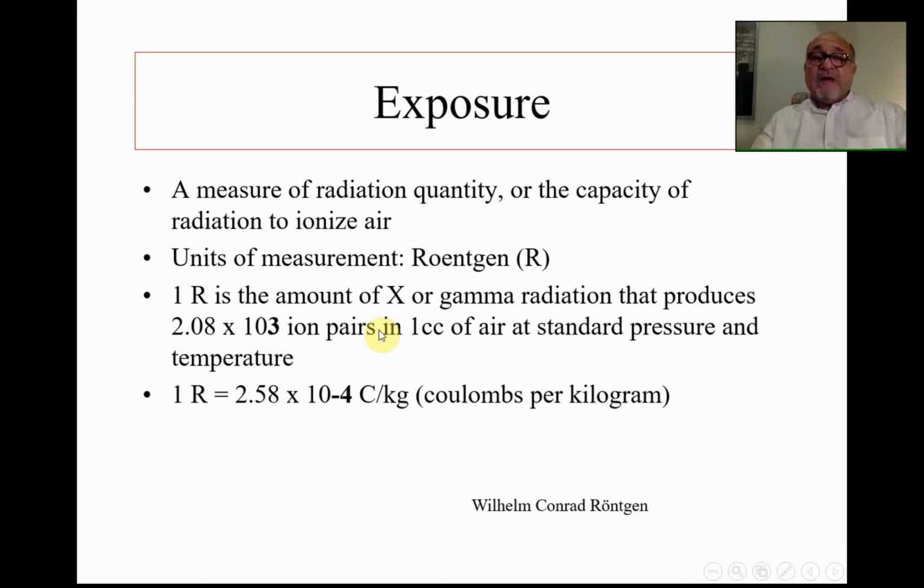So what we must understand is that 1 Röntgen is the amount of X-ray or gamma radiation that can produce a certain number of ion pairs in 1 cc of air at a standard pressure and temperature. 1 Röntgen is also expressed in coulombs per kilogram. So as you can see here, it's an electrical charge in a unit mass, in kilograms.